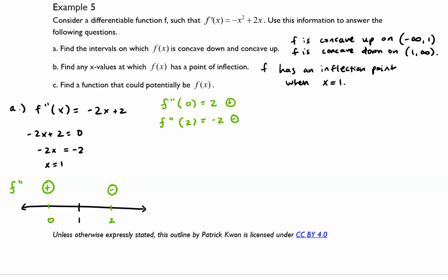And the reason that it says potentially be f of x here is that it turns out there's actually infinitely many possibilities for f of x. And let's talk about why that is.